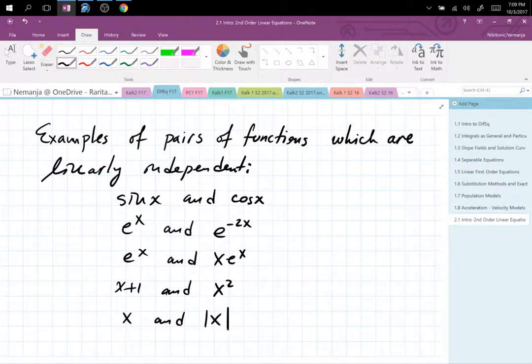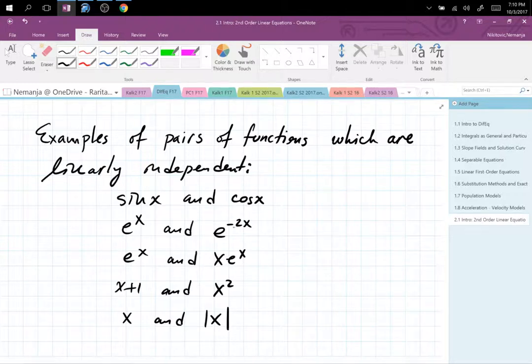Sine and cosine are linearly independent because you cannot multiply either sine or cosine by a number and get the other one. Linear independence means you're only allowed to multiply by a number, and if it doesn't work, then they're linearly independent.